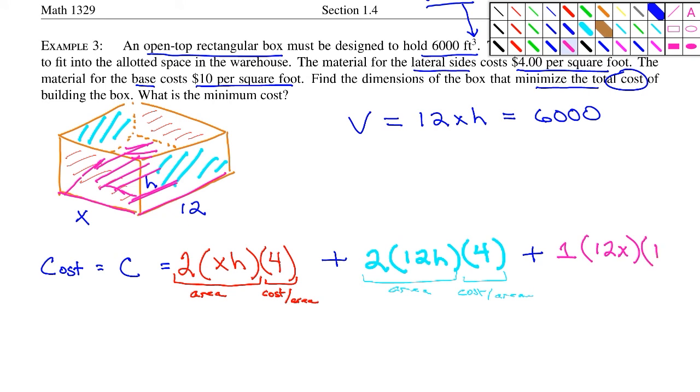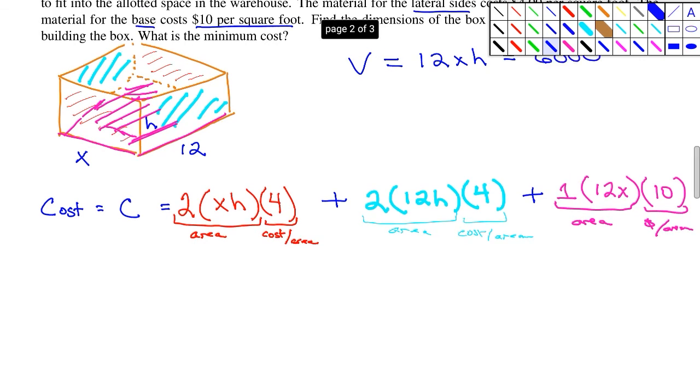But the base costs $10 per square foot, probably because it's made of a thicker material to hold the contents of the box. And so once again, this was area and cost per area.